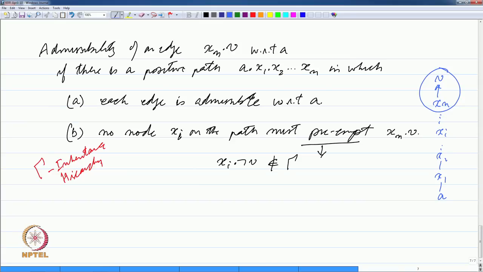We are saying that every edge in this positive path from A up to x n must be admissible, and there must not be an edge like this. No node must preempt that thing, which means that an edge like this must not be present in this thing.